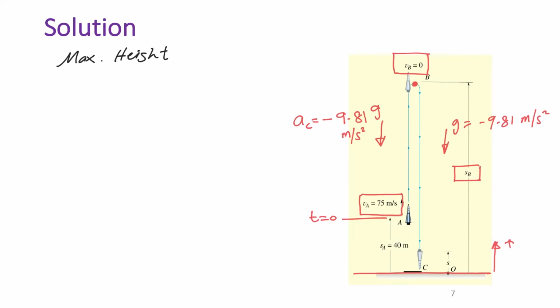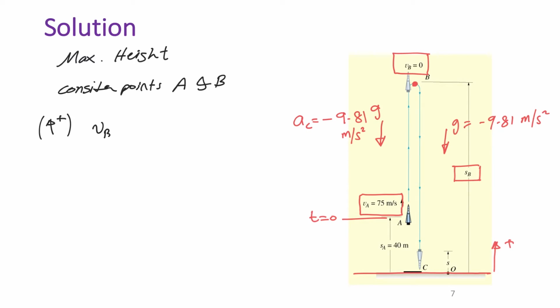And what are we going to do for the first part? We are going to consider points A and B. So we are going to assume again that upward is positive. That's our direction.